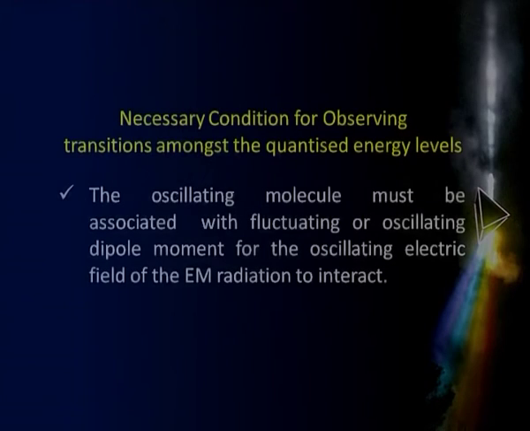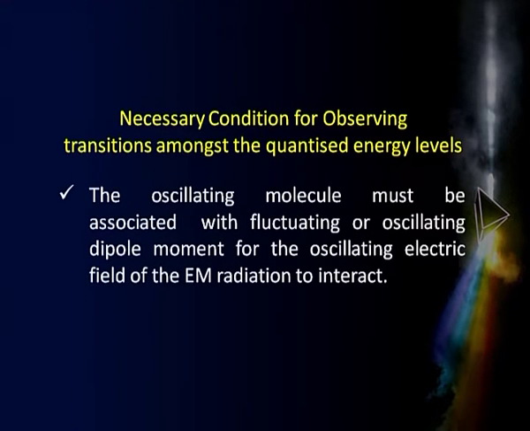But now, for the molecule to interact with IR radiation, we need a certain prerequisite: if a molecule is vibrating or oscillating, it must be associated with a fluctuating or oscillating dipole moment, because this oscillating dipole moment which the molecule generates will interact with the oscillatory electric field of the EM radiation, and then only the two can interact and we can get a resultant spectrum.